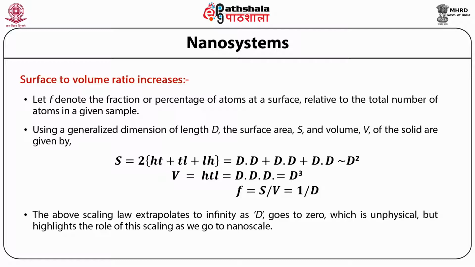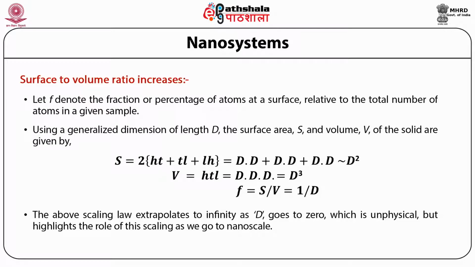The larger proportion of atoms on the surface has a profound effect on the processes that occur at the surface, including catalysis and adsorption, and changes physical properties such as the melting point.